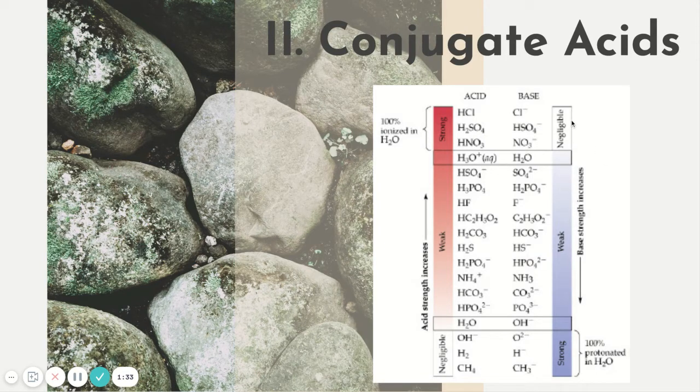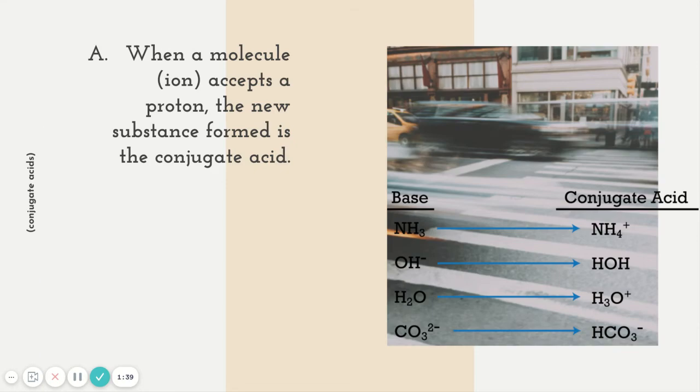We also talk about conjugate acid. So that was conjugate base, which pairs with the acid. The conjugate acid then pairs with the base. Here's an example of a bunch of bases: NH3, OH minus, H2O, and CO3 2 minus. We really don't even need a reaction to know what the conjugate acid would be.